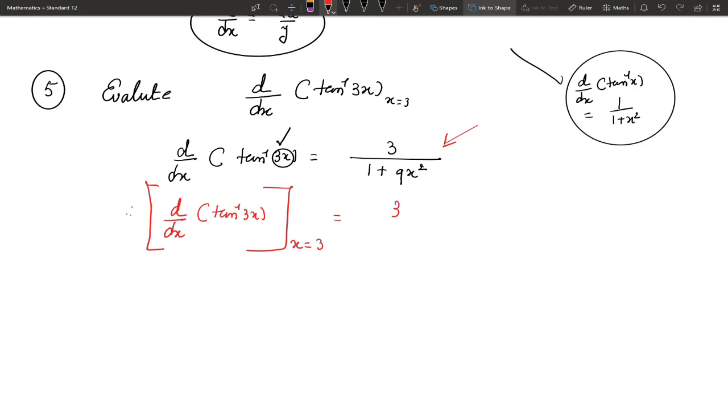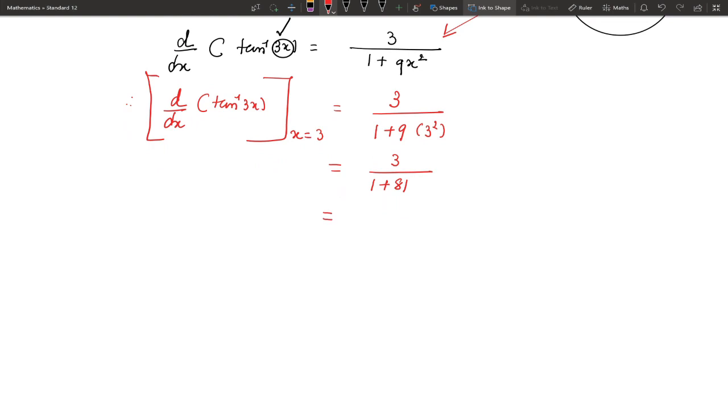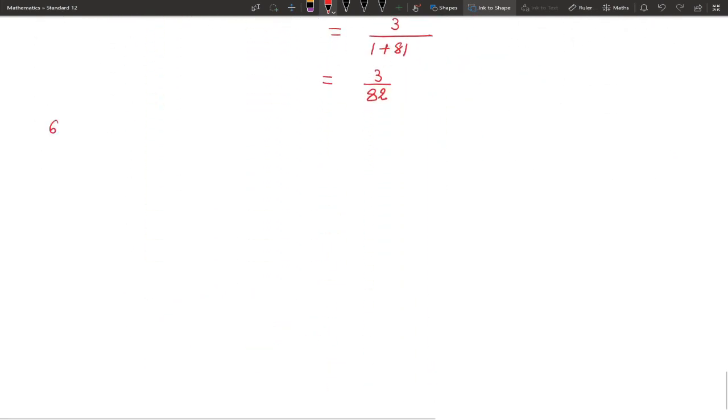So the answer is 3 upon 1 plus 9, x equal to 3, 3 square. So this is nothing but 3 upon 1 plus simplification, so this is 3 upon 82. We take more examples for practice.